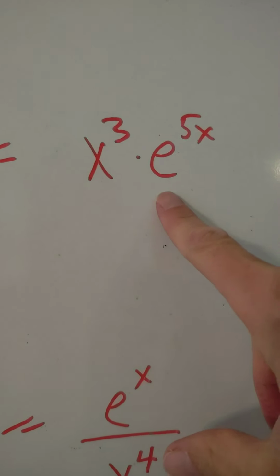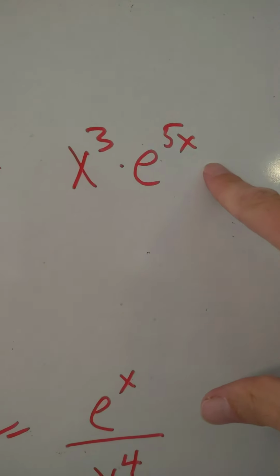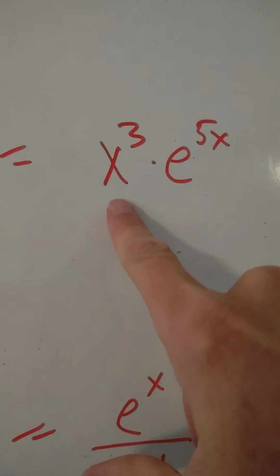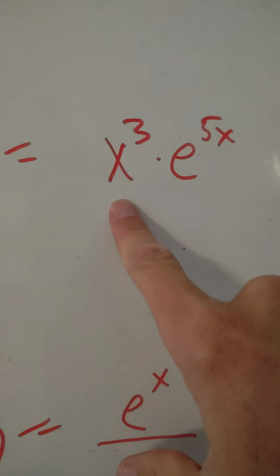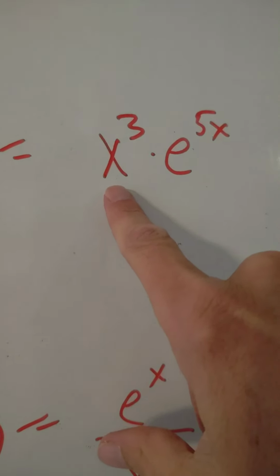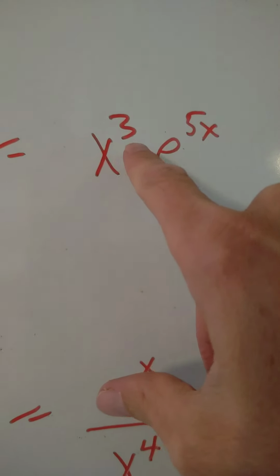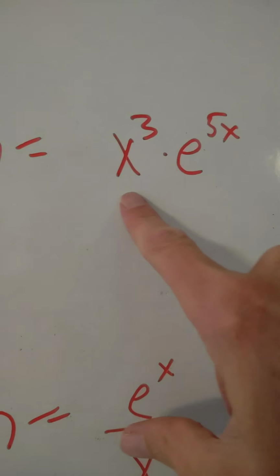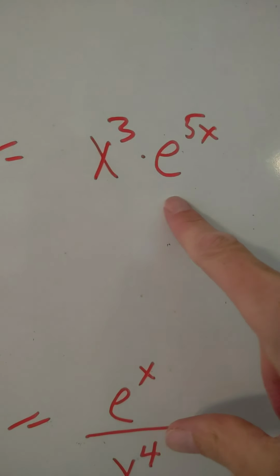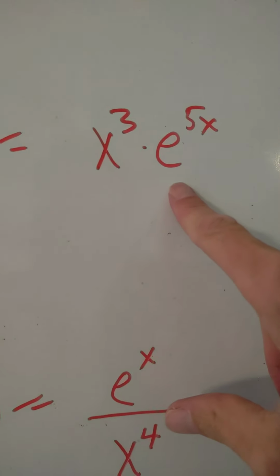The base is a constant and the exponent is a variable. This x cubed, by the way, is not an exponential function because the base is a variable, but the exponent is a constant. So this factor is a polynomial factor multiplied by an exponential factor.